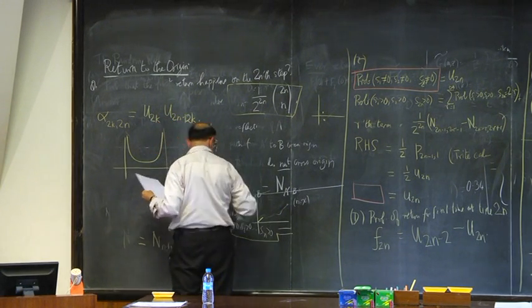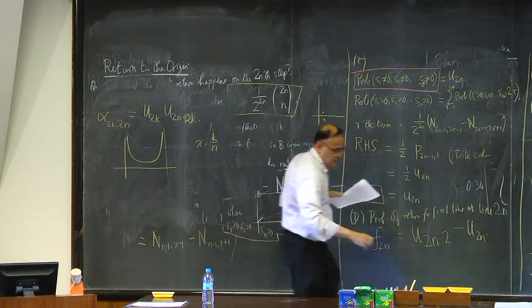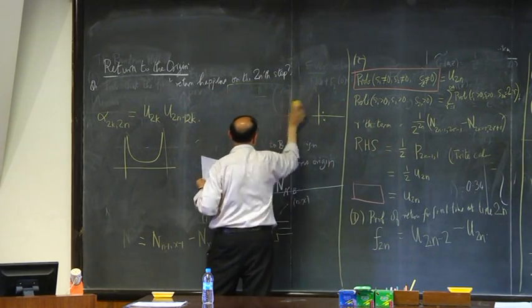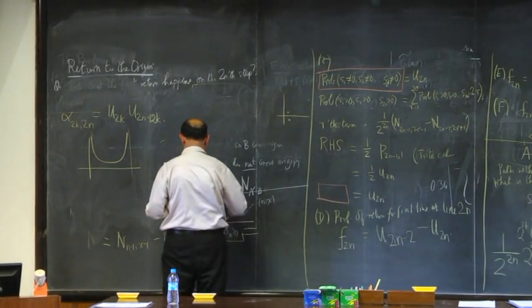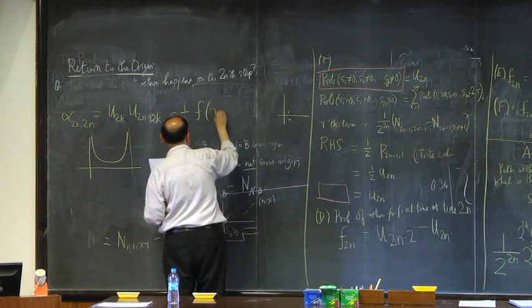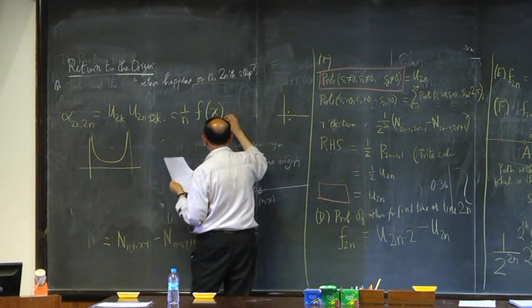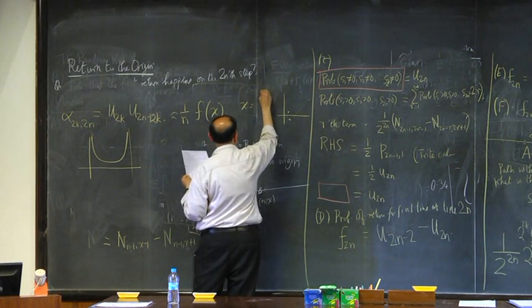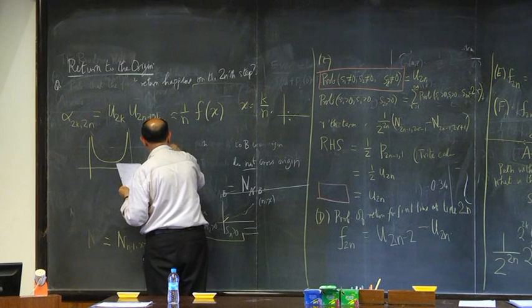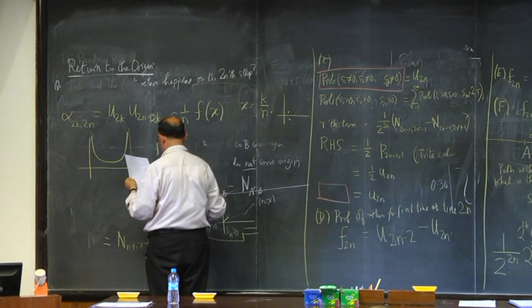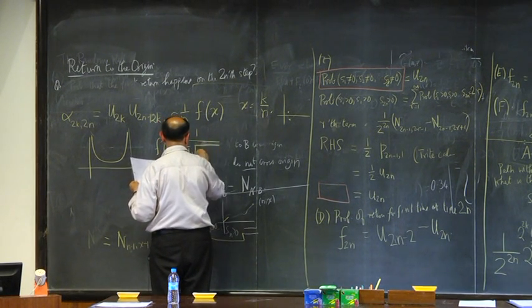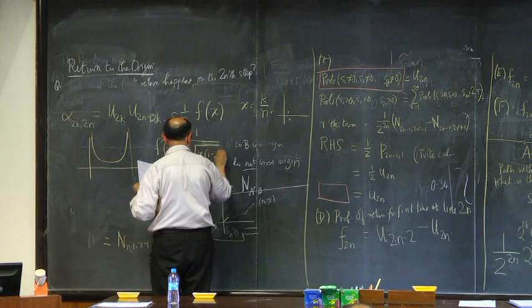This is 1 over n, function of x, where x is k by n, and f of x is equal to 1 over pi, square root of x into 1 minus x.